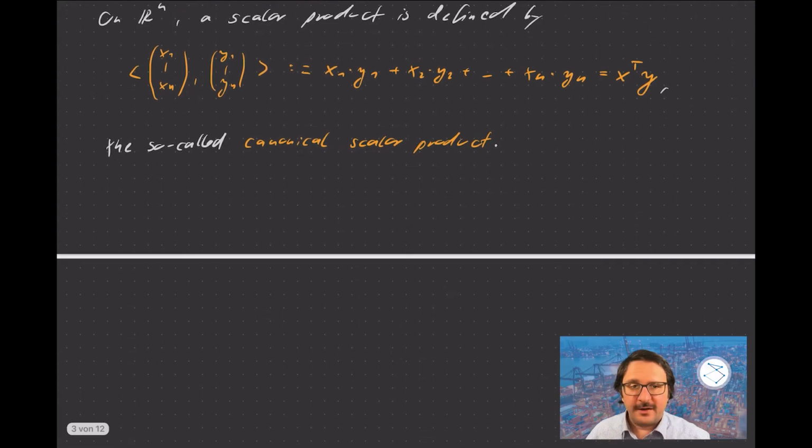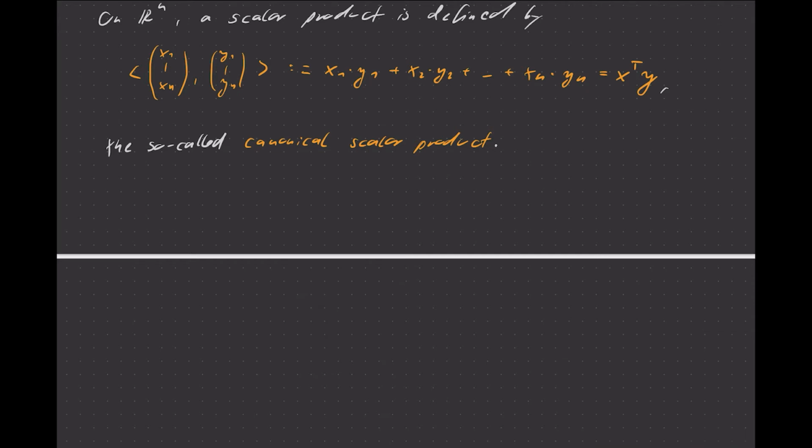And finally, any vector space equipped with a scalar product is also known as an inner product space. Or if the vector space is also finite dimensional, that's going to be the case that we consider most of the time, then we'll speak about a Euclidean vector space.